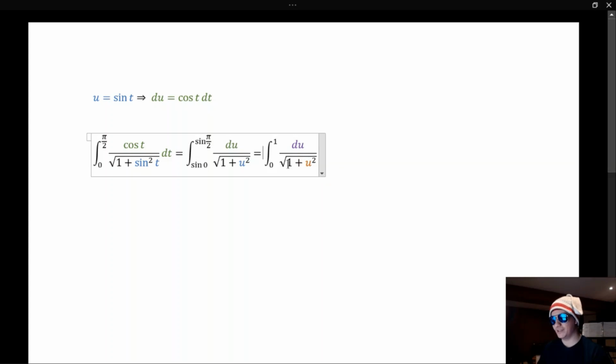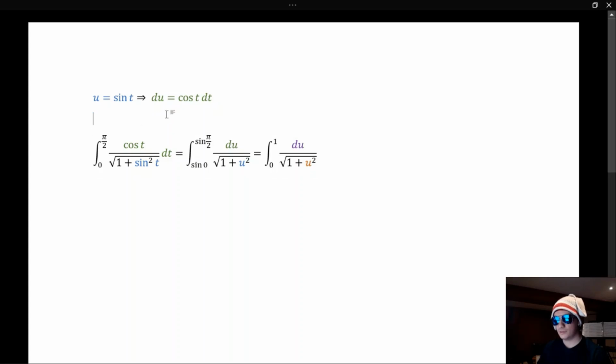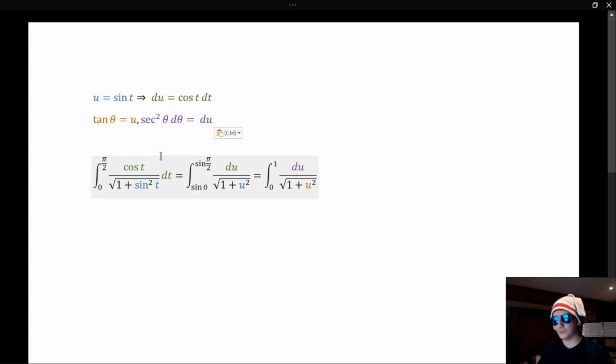We're going to use the identity 1 plus tan squared theta equals sec squared theta, and since the derivative of tan theta is sec squared theta, we're going to make the substitution tan theta equals u, therefore sec squared theta d theta equals du.